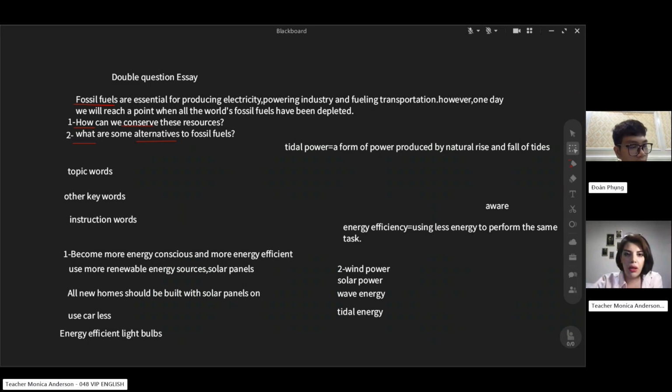Yes, but here energy is a noun, and it goes with the adjective efficient. Energy efficient is a combination of two words, so you can't separate them. When you say efficient, what efficient? I need something to describe the word efficient.